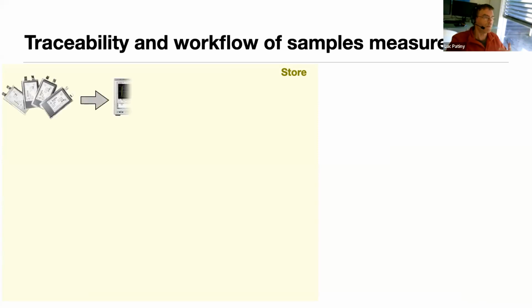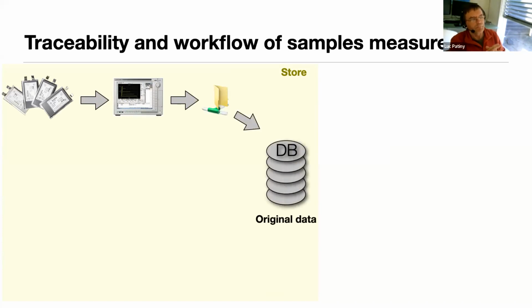So the problem I would focus on today is how we store the original data and how we can create FAIR data to be reused by other people. So let's say you have a battery, you make some analysis, maybe IV curves, and the idea is that if you have a folder with those data, you can somehow store the original data in a database.